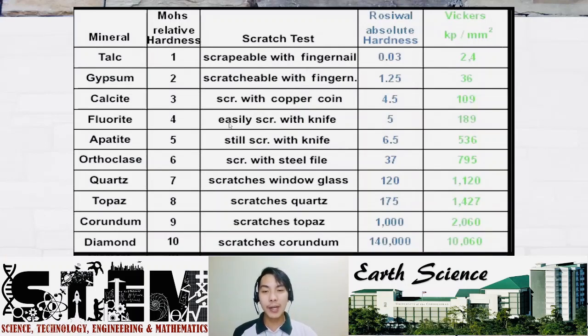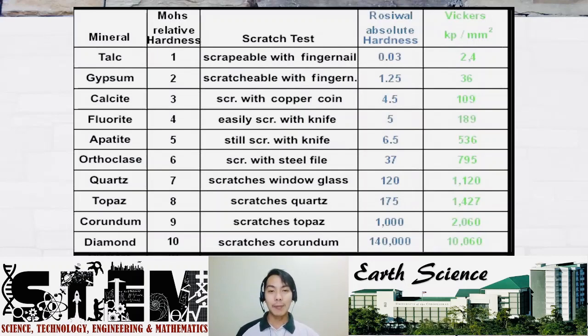The word easy itself is quite subjective. For one geologist it might be easy, but for another geologist it might not be that easy. So for that geologist the hardness level may be 5, while for the other geologist it might be 4. So we can see there the subjectivity of the Mohs scale.